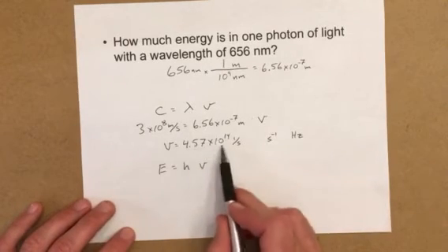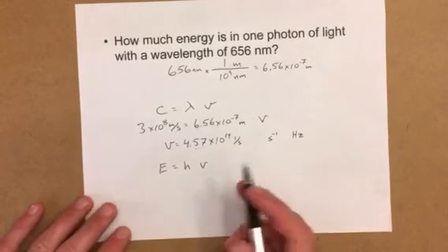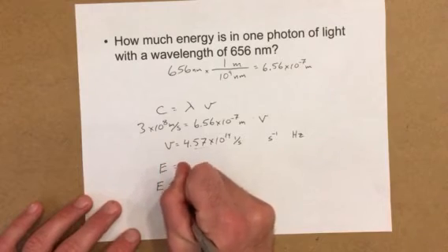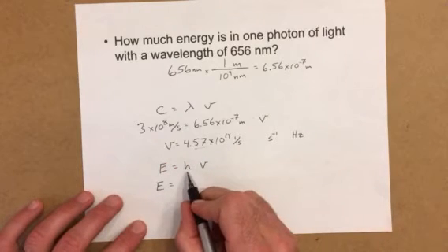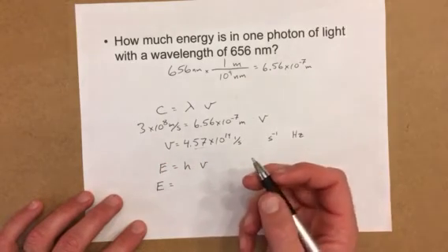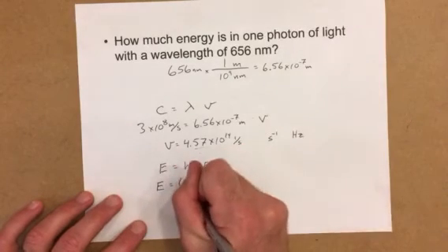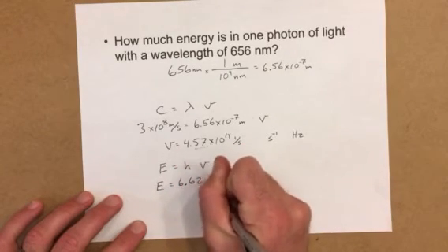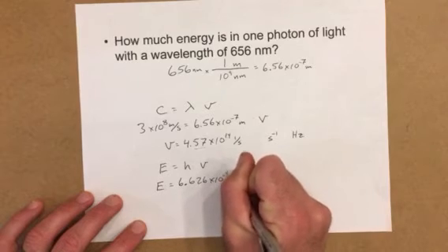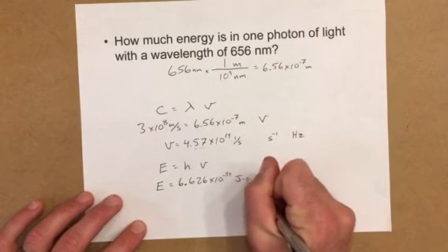Now that we have the frequency, we can use the second equation to find the energy. Energy is equal to Planck's constant, which is going to be given to you. It has a value of 6.626 times 10 to the negative 34 joule-seconds.